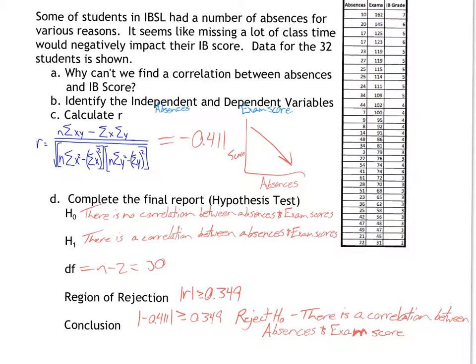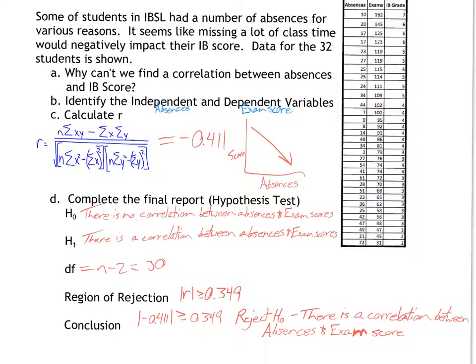But the main thing is, we're not really concerned with strong and weak, as much as we are with significant. And again, significant means we could use this to make a statement about the future. If you're absent a lot, it is likely that your exam score is going to be going down. That's the statement we could make.